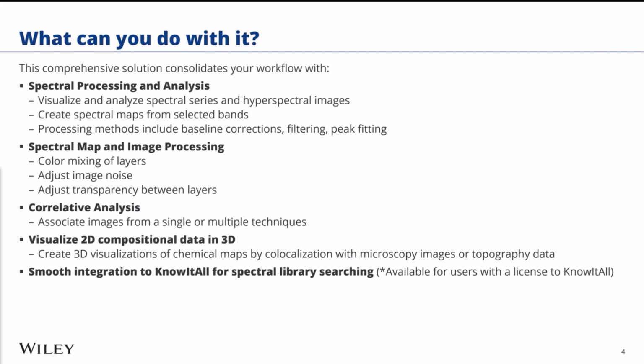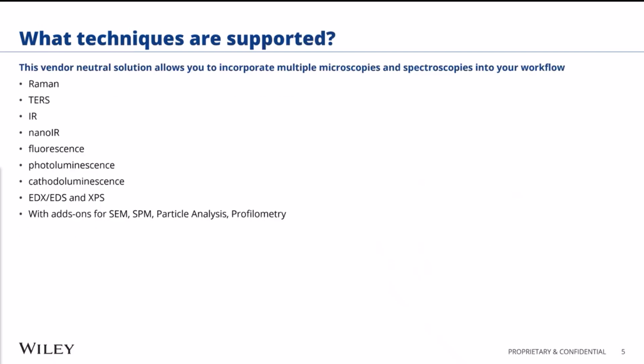So the software enables you to create 3D visualizations of chemical maps by co-localization with microscopy images or topography data. The software also has smooth integration to our existing KnowItAll software for spectral library searching. The user would need to have licenses to both softwares in that case, though.